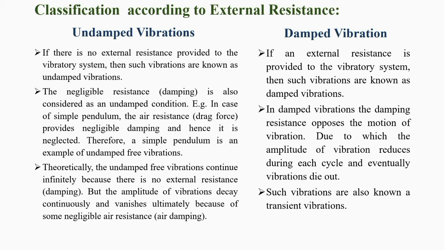So according to whether external resistance is provided or not, vibrations are classified as undamped vibration and damped vibration. If no external resistance is provided to the system during vibration, such vibration is known as undamped vibration.